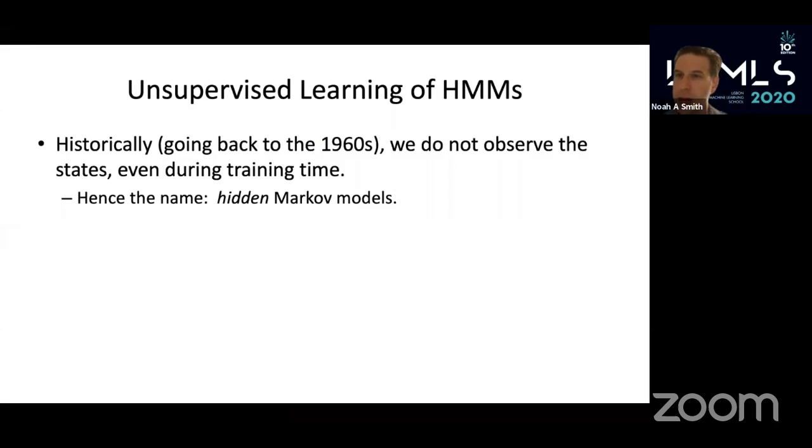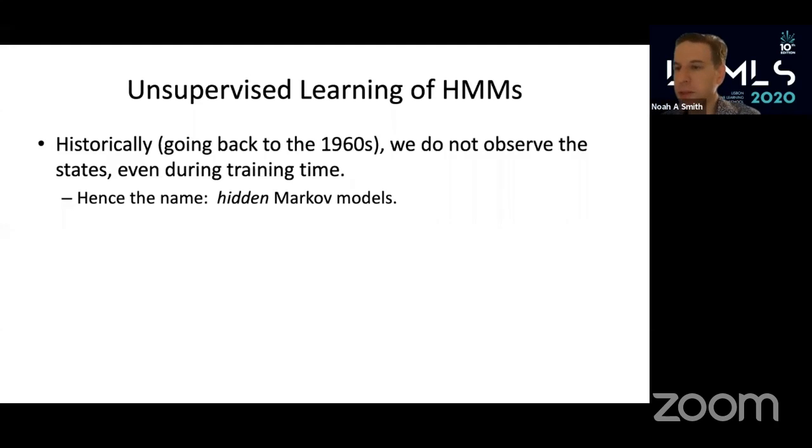Okay, so now let's transition to the unsupervised learning case, which arguably has a longer history, and there's quite a lot more to say about this situation. Going back pretty far, back to the 1960s, the name hidden Markov models was evoking a notion that we were going to use these models in the unsupervised case.